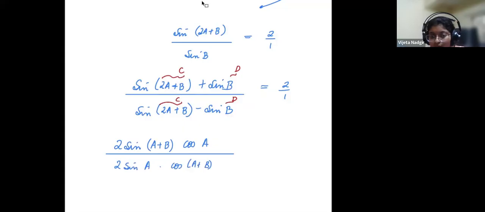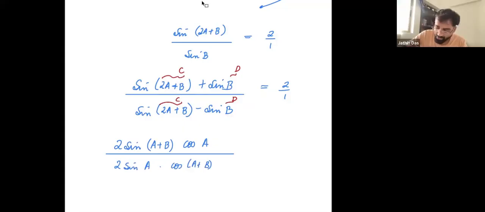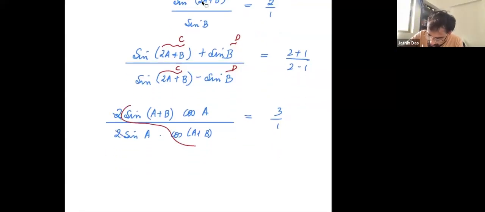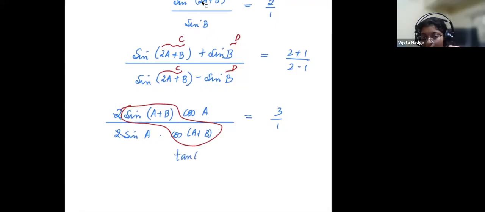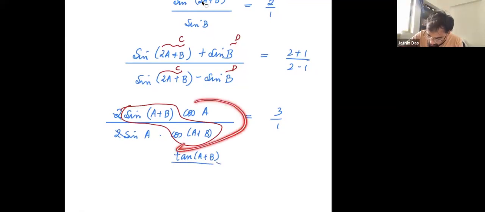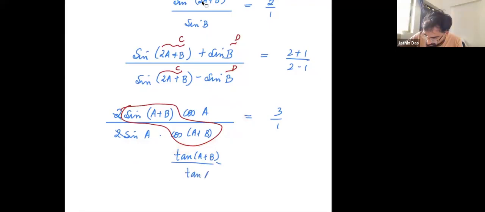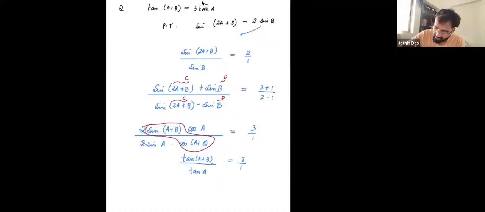You know how it worked, it's very easy. 2 cancels. Oh, I forgot to do componendo and dividendo on c and d. 2 plus 1 is 3, 2 minus 1 is 1. Done, 3. The 2 cancels. I know what this is: tan(a plus b) by tan a. So this cos can go down, sin a by cos a is tan a. I think you got it, no? Great.